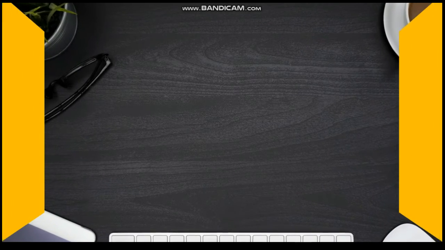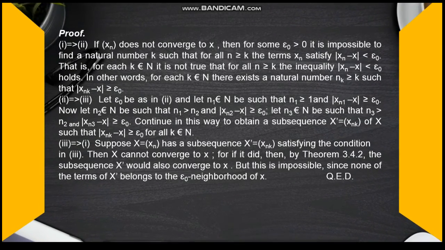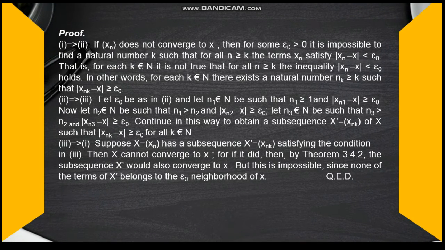For the proof, part 1 implies part 2. If xn does not converge to x, then for some epsilon 0 greater than 0, it is impossible to find a natural number K such that for all n greater than or equal to K, the terms xn satisfy |xn - x| < epsilon 0.